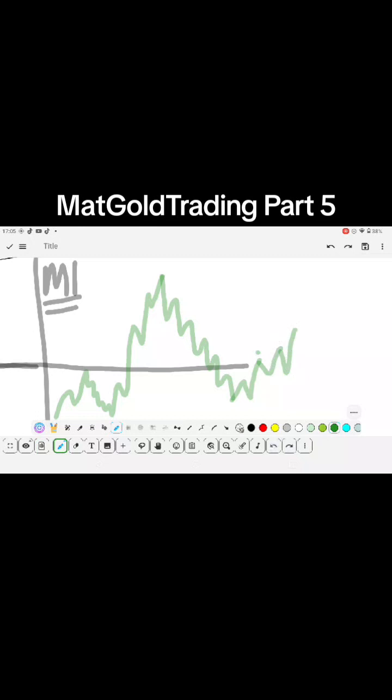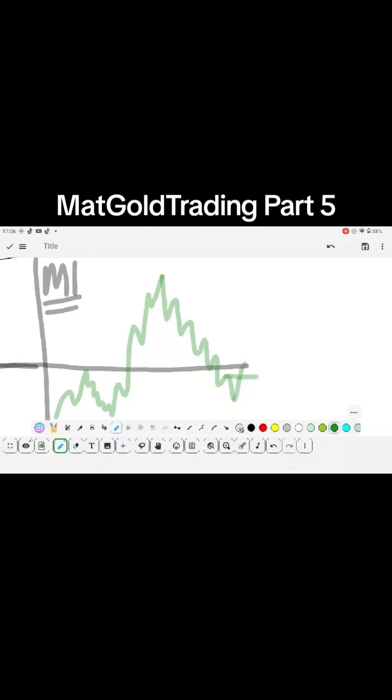Before I can tell you when to buy, the first thing that needs to happen is, yes, this is a break of structure, right? Instead of it making a new low, a lower low, it breaches this previous higher low.